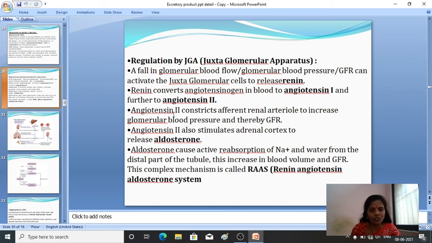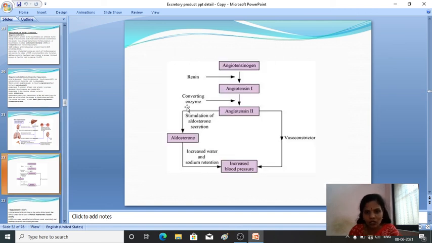Further, this angiotensin 2 constricts the afferent renal arterioles to increase the glomerular blood pressure and thereby the glomerular filtration rate. Glomerular blood pressure increase ಆಗ್ಲಿಕ್ಕೆ ಅದು ಹೆಲ್ಪ್ ಮಾಡ್ತದೆ.